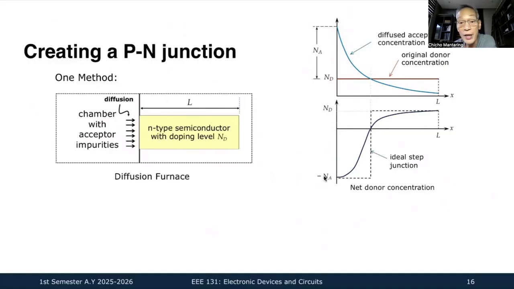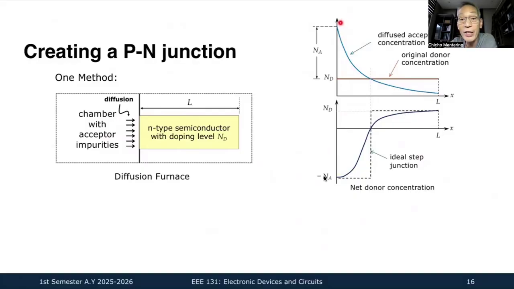This is going to be your net donor concentration. So initially here, your net donor concentration will be negative Na. What is your net donor concentration? It is Nd minus the acceptor concentration.